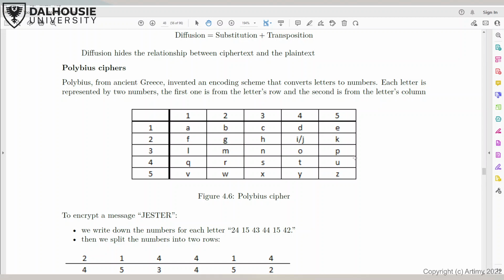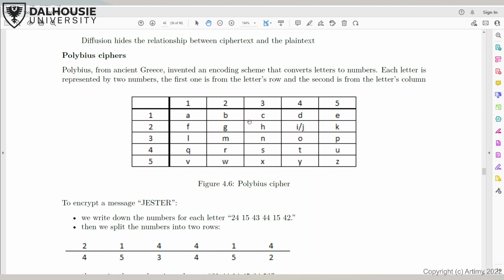So this person arranged the letters in a 5 by 5 matrix. So A, B, C, D, E, F, G, H, and I and J combined together, K, L, M, and so on, right? And to encrypt a message, let's say JESTER here, you can go to J and write the number in the column here and the number in the row here.